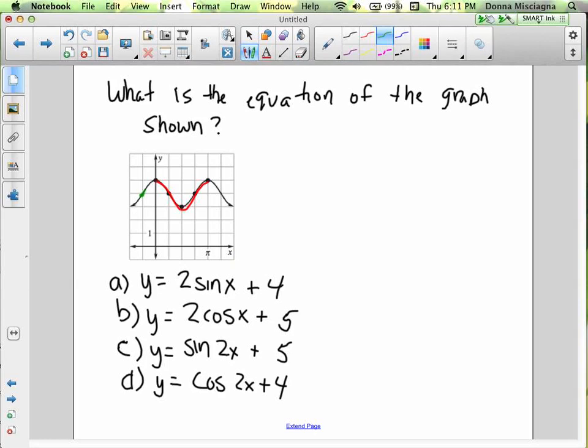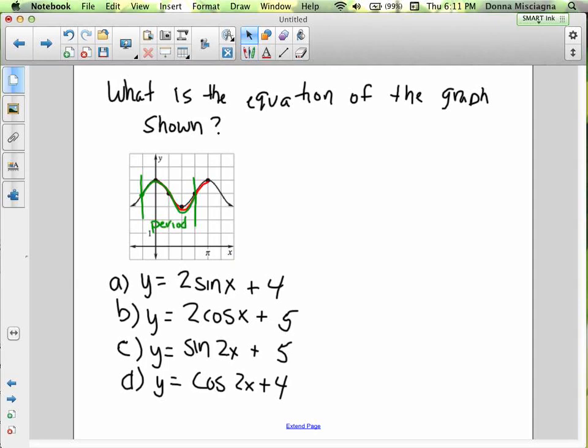All right, it goes to its maximum, back to the x-intercept, to the minimum, and back to the x-axis. So here we have the graph of 1 period of sine. That graph would have to start here, and then 1 period would end here.